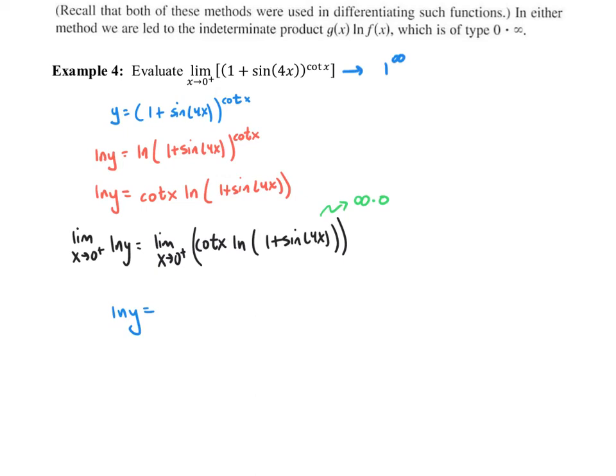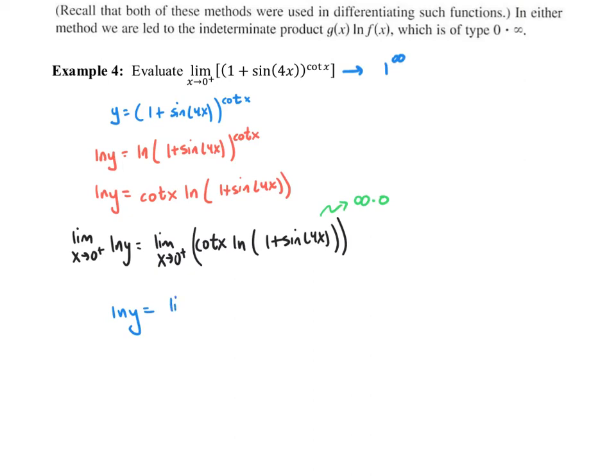We already knew that we had to put this into some sort of fractional form in order to use L'Hopital's rule, but this just confirms that we still are in trouble as it's written right here. We need to make this a fraction. Now the easiest way to do that would be to use cotangent and turn it into just division by tangent. So in other words, we're going to keep that trig identity here.